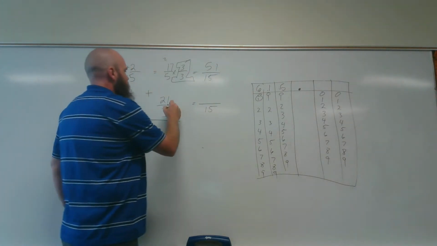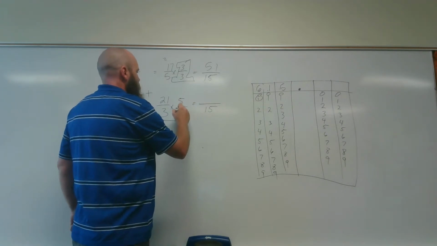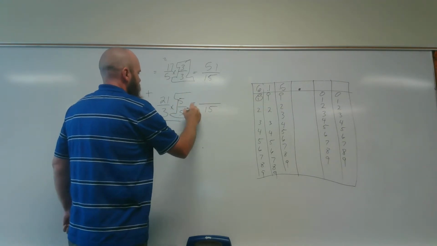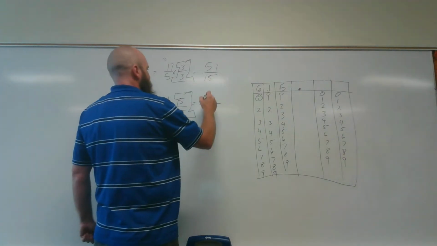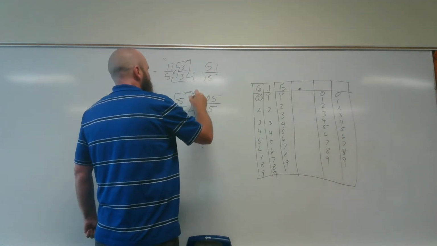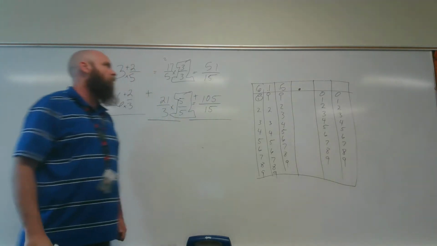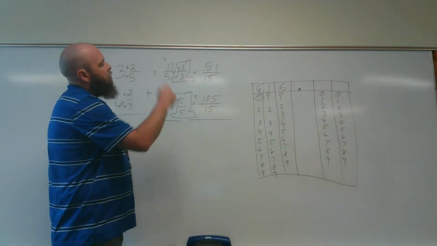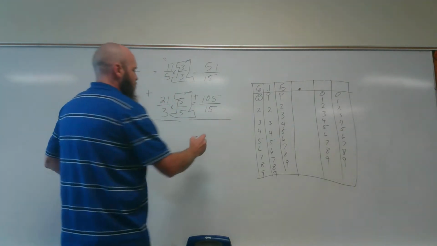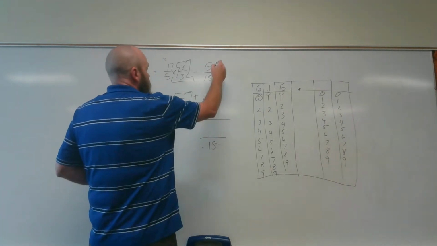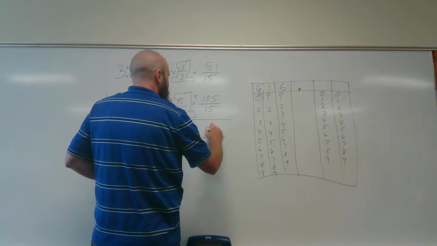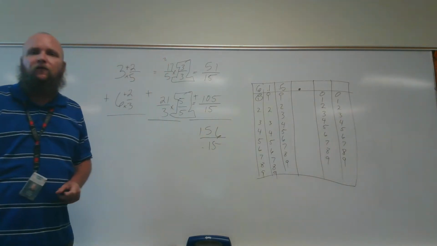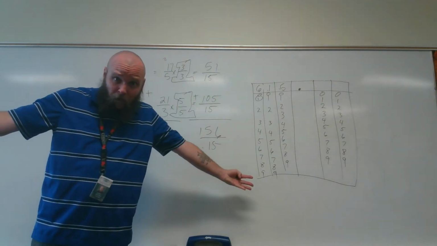And this is by 5/5. 20 times 5 is 100. This is an addition problem. Let's see, that's going to be 51 plus 105. 1 plus 5 is 6. 5 plus 0 is 5. So 156 over 15. Oh my goodness, that's an improper fraction!